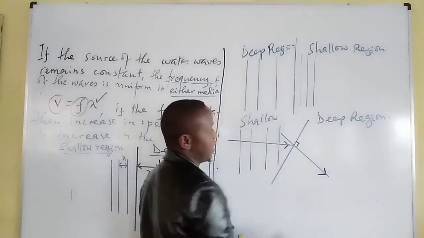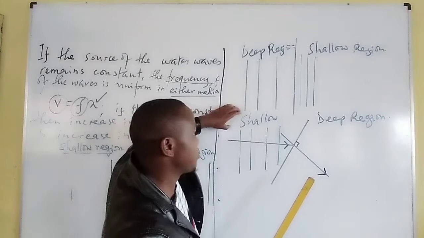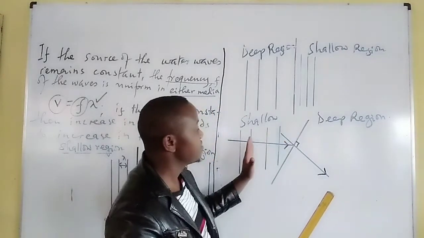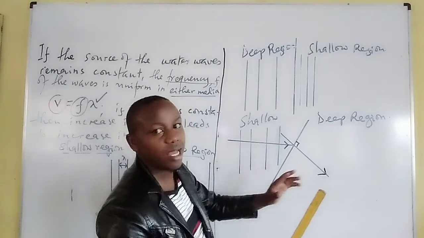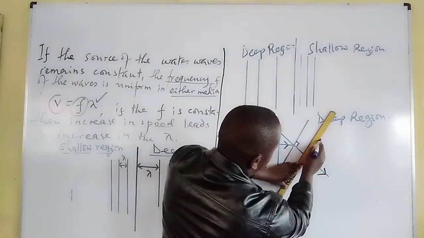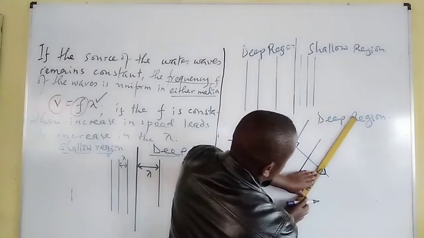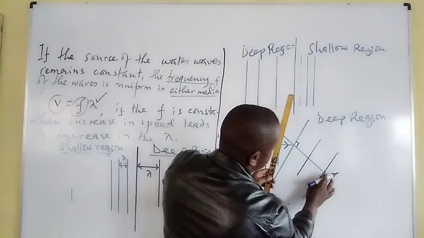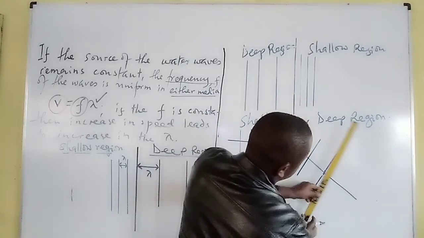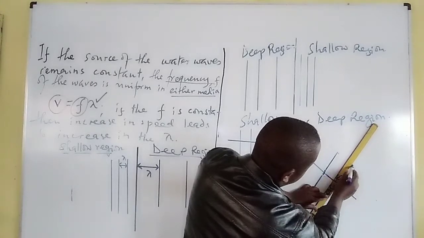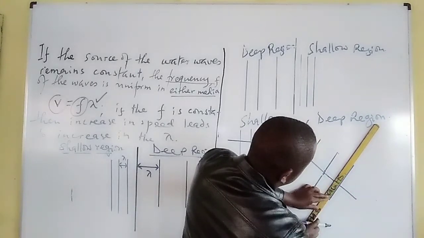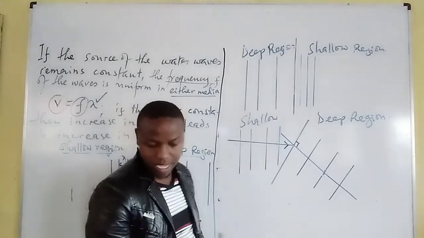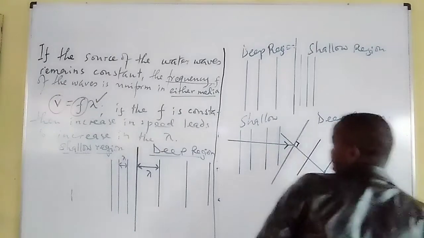Because it is from shallow to deeper, the wavelength will be bigger, so we will have them more spaced. They will exit when they are more spaced. That is how they get refracted and exit.